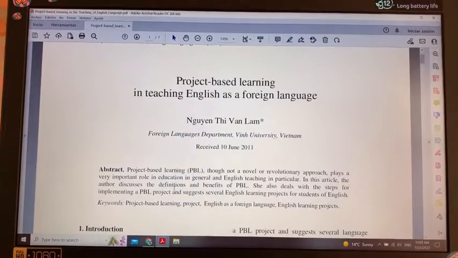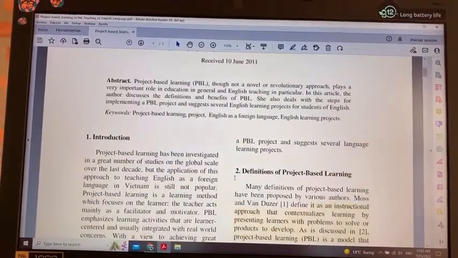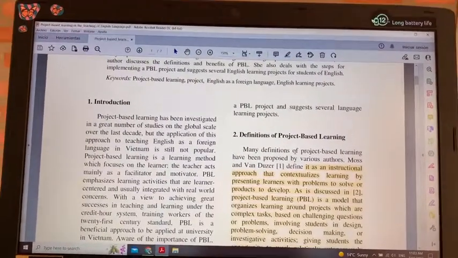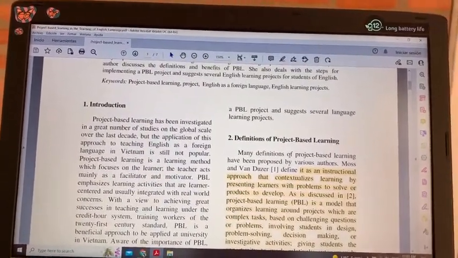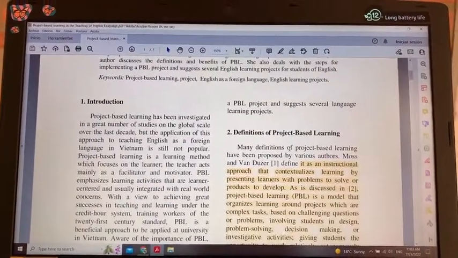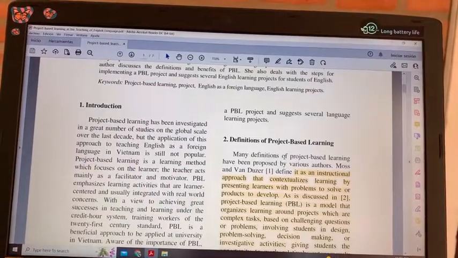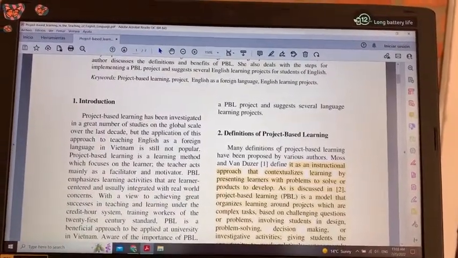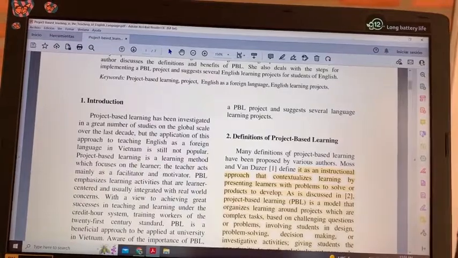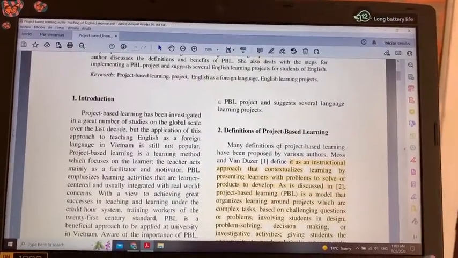In this article, the author first presents a variety of definitions for PBL, from which we highlight the one proposed by Moss and Van Duzer, which states that PBL is an instructional approach that contextualizes learning by presenting learners with problems to be solved or products to develop.